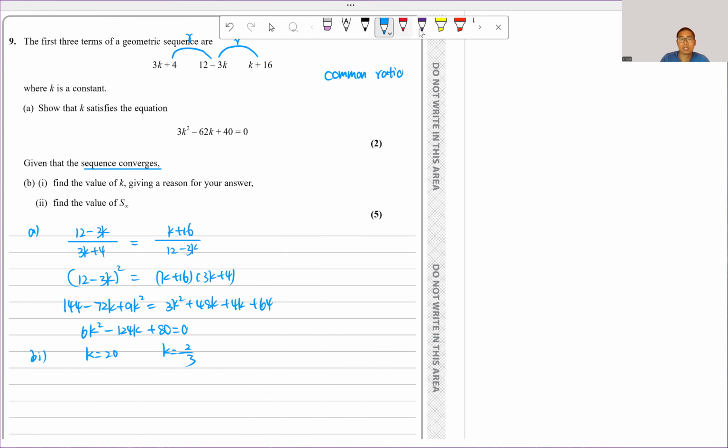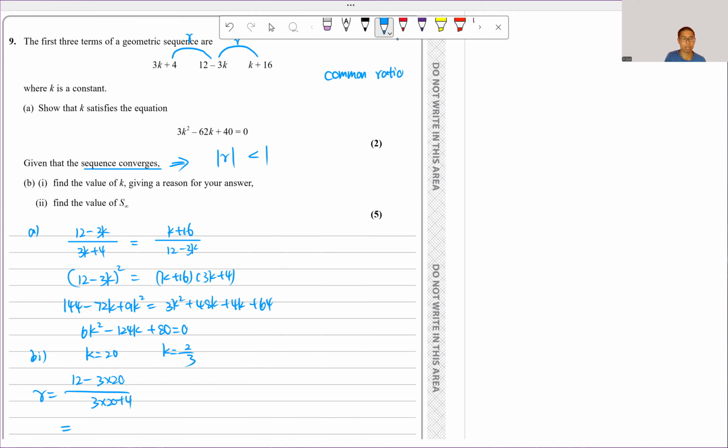So for geometric sequence, when it converges, then the common ratio has to be between 1 and negative 1. So the mod of common ratio has to be less than 1. So that's what we need to check. So when k equal to 20, we have the common ratio is 12 minus 3 times 20 over 3 times 20 plus 4.